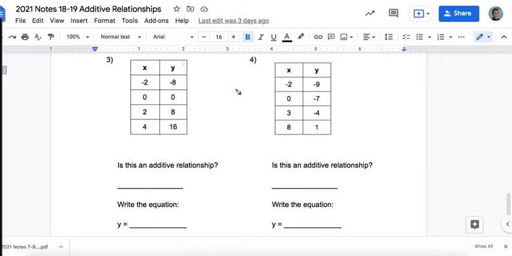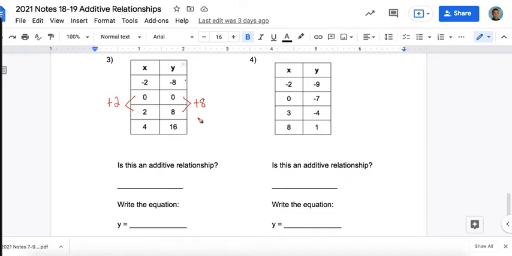So let's go ahead and look at the first example, and we're going to find the slope. Now, remember, you don't always have to pick the first two, and you don't have to do all of them, so I'm going to pick an easy one to do, 0 to 8, and that's plus 8. And 0 to 2 is plus 2.